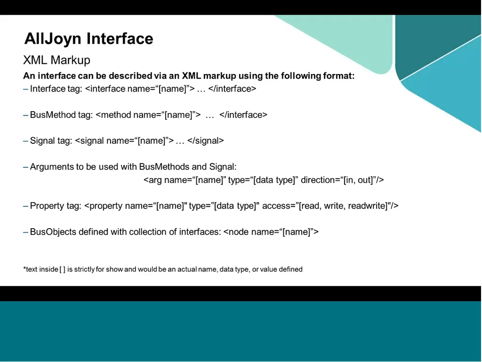So if you use introspection and you say, give me the bus object and hierarchy that starts with /, which would be everything, you would get back these different node XML structures which define the entire application. And then you would be able to parse that XML and then use the XML through the bus attachment create interfaces from XML API call in which to generate your objects to interact with on the other side.